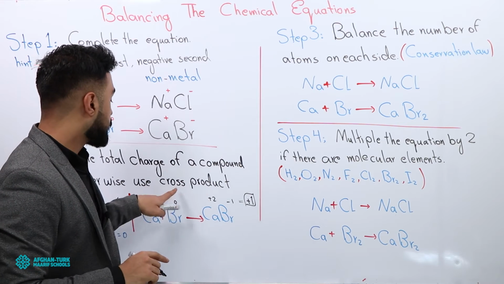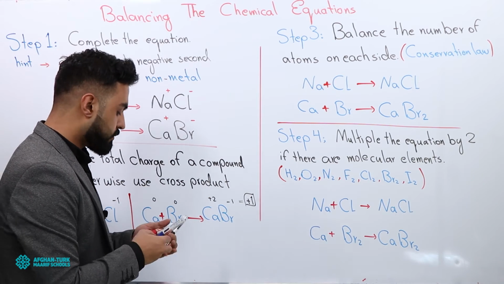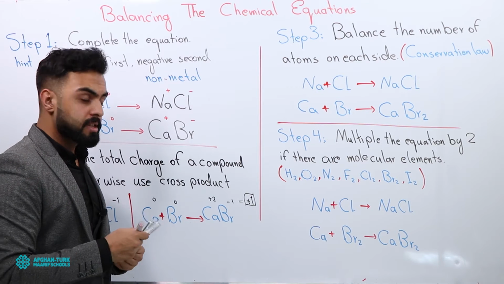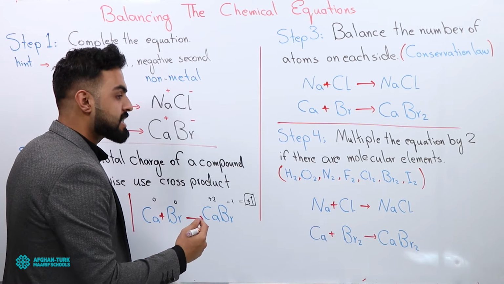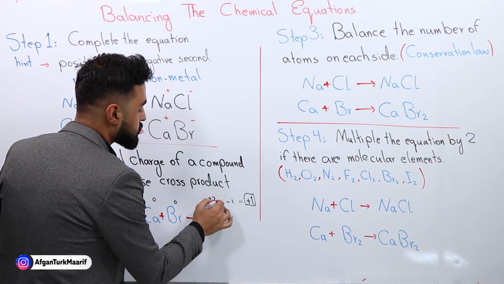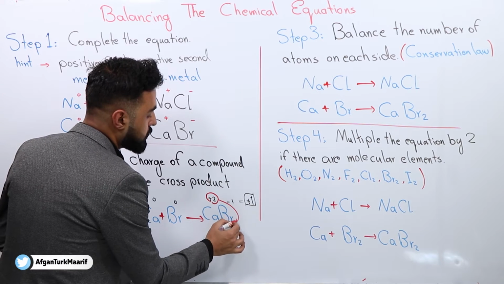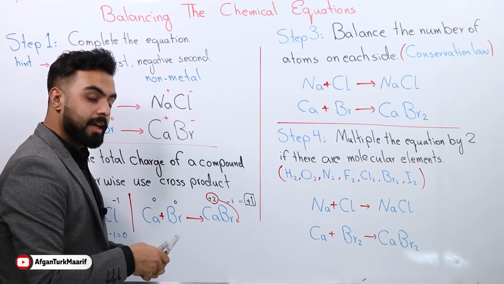So what to do? We use the cross product. What is a cross product? Cross product says that you should multiply the elements by the charge of the other element. So now we should multiply bromine by 2.